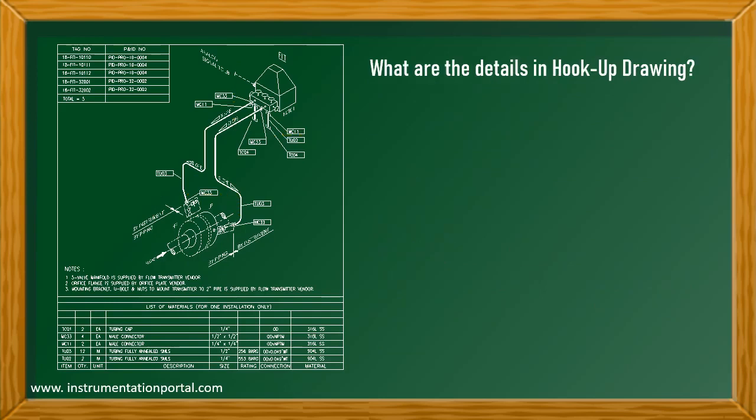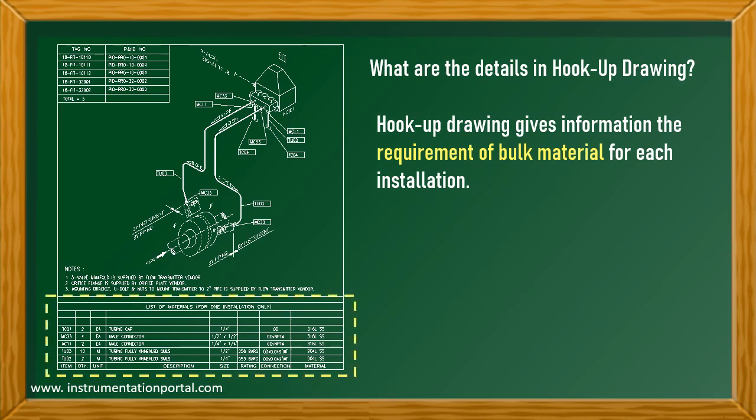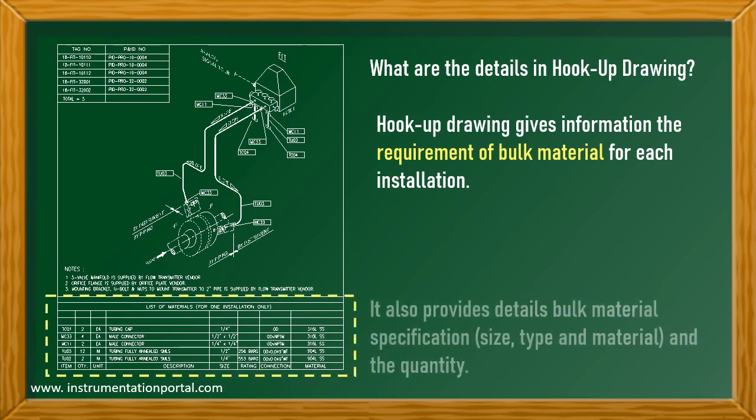So, what is the detail that we must specify in the hookup diagram? First, the hookup drawing gives information on the requirement of bulk material for each installation. As seen in the bottom table, it provides details of bulk material, including its specification, size, type, material, and the quantity.